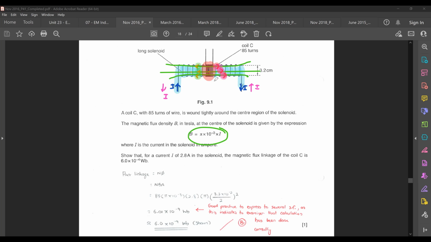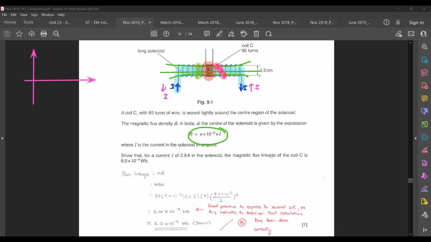There is actually a change in flux linkage here. So therefore, you're going to have an EMF induced. But how do you calculate the magnitude of the EMF induced? It'll probably be a better idea to draw a graph just to see how things look.